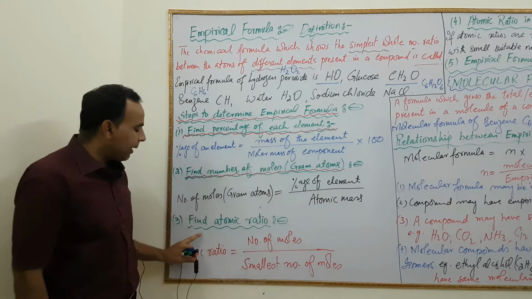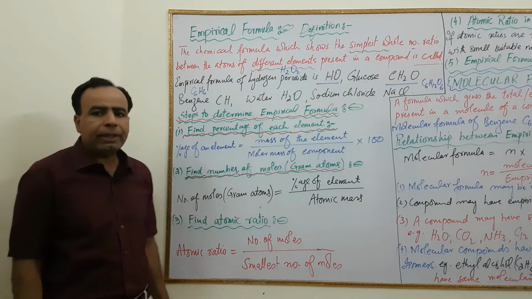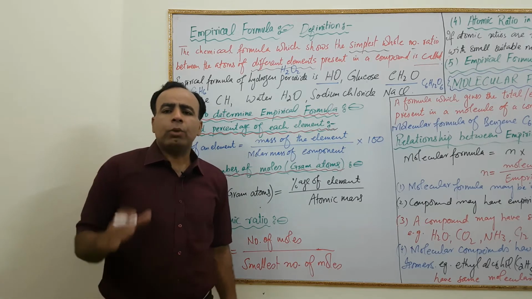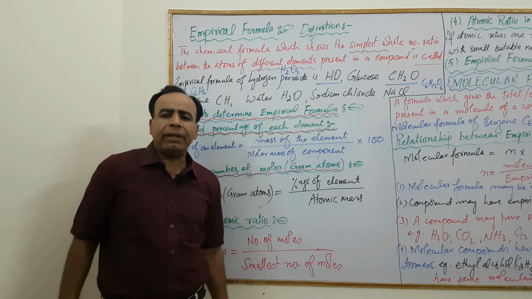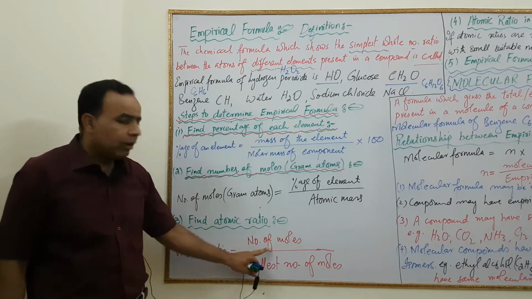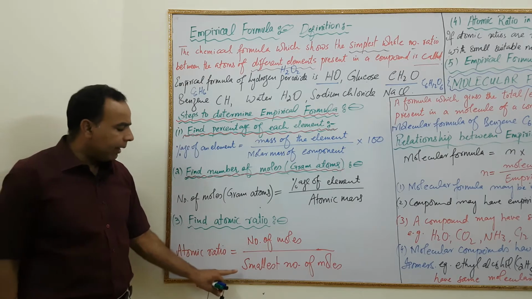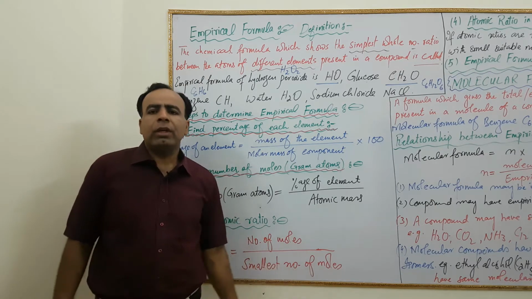Now the third step is to find out the atomic ratio. Dear students, to determine the atomic ratio of each element, divide the number of moles of the element by the smallest number of moles of the element.